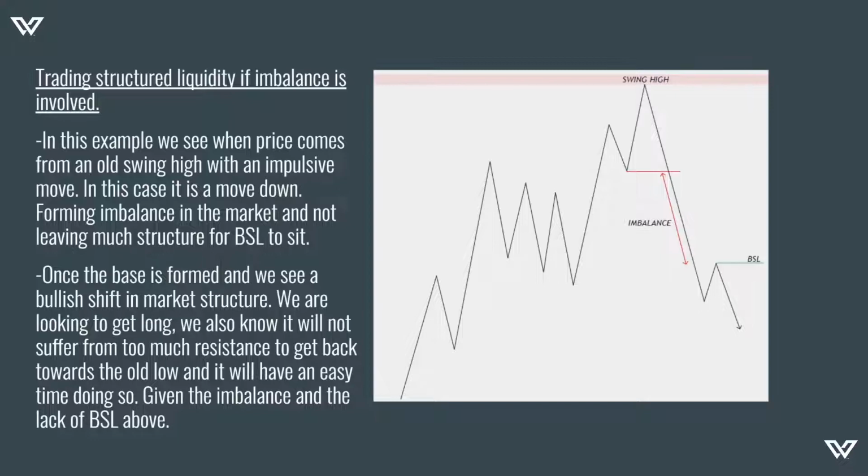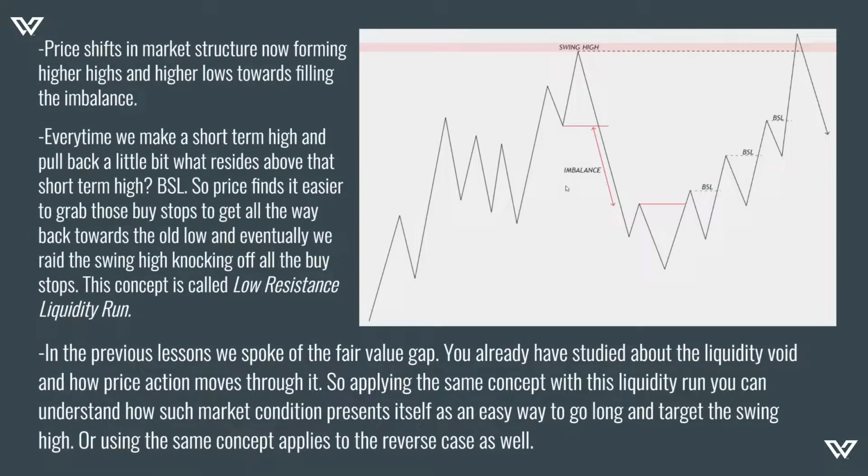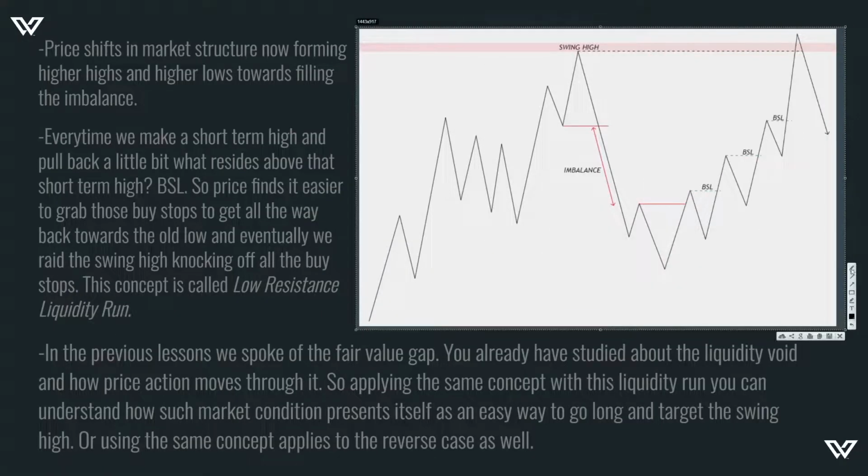We also know it will not suffer from too much resistance to get back towards the old low, as in this low here, because it will have an easy time doing so, given the imbalance and the lack of buy-side liquidity above. So we have this shift in market structure, we have change of structure, and then imbalance. Chances are we're going to get acceptance above this high, then price is going to trend to this previous low, acting as resistance very easily, which it does.